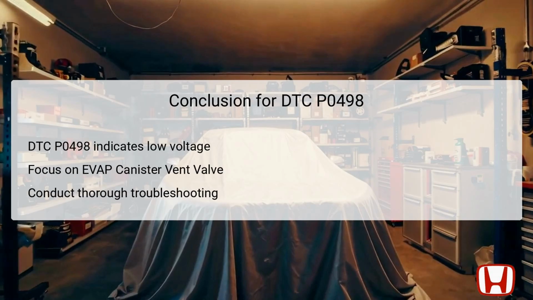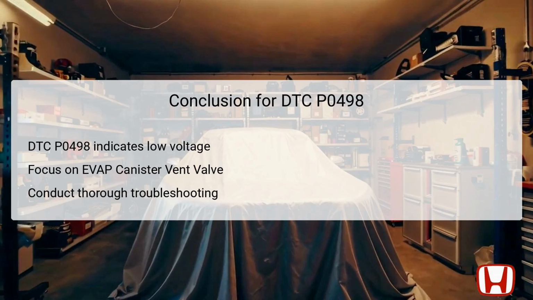In conclusion, DTC P0498 signifies low voltage in the EVAP canister vent shut valve circuit, a crucial component of emissions control. Understanding the role this valve plays in managing fuel vapors helps in appreciating the importance of accurate diagnostics and repairs. Conducting a thorough troubleshooting process, starting from verifying the fault to checking the electrical integrity, is instrumental in resolving the issue.